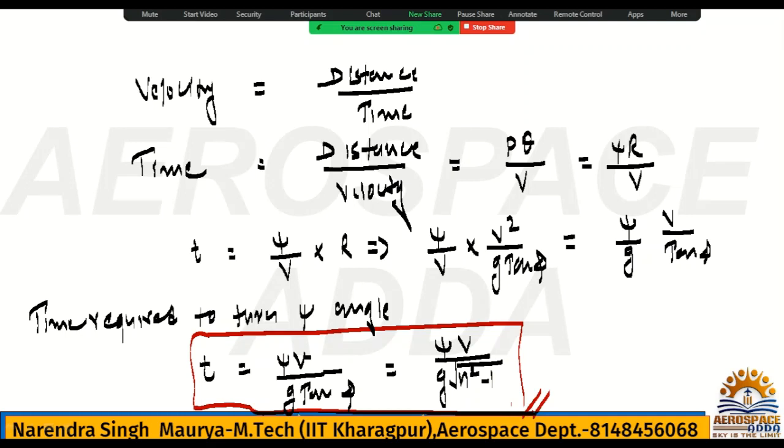Don't derive it every time. Whatever I derive, you just write it two or three times and mug up all the formulas, because in the examination you may not have time to derive the formula. That is a very important part. Done.